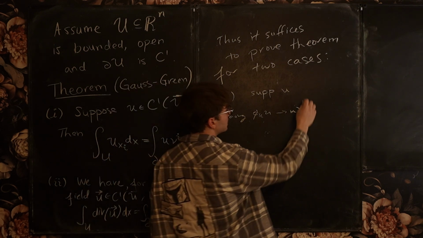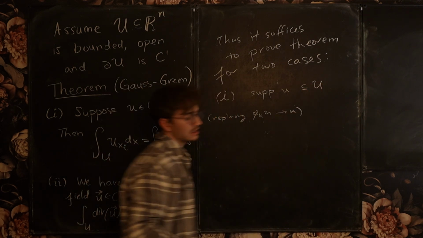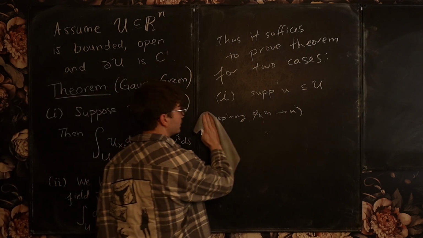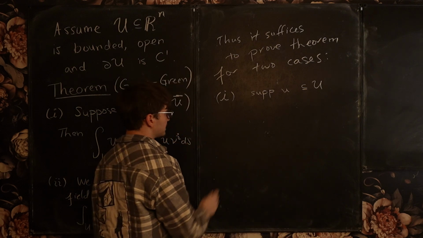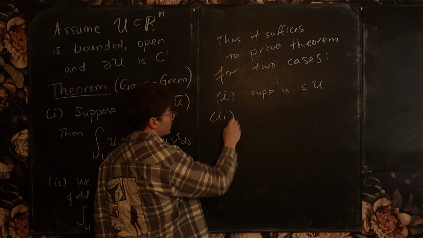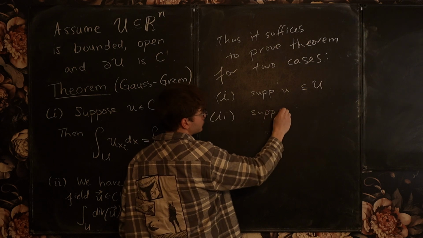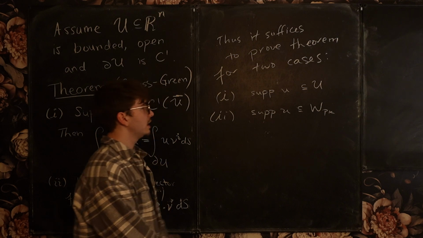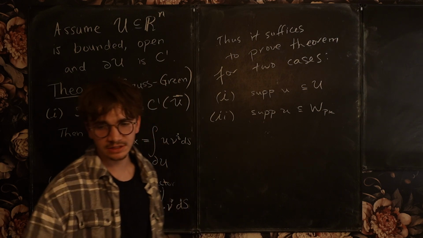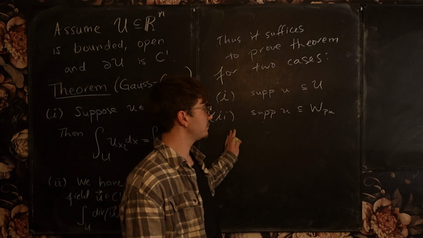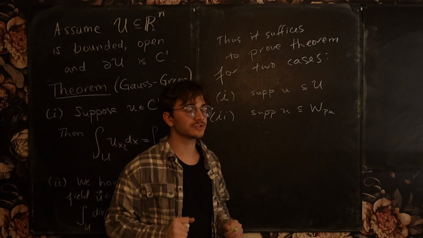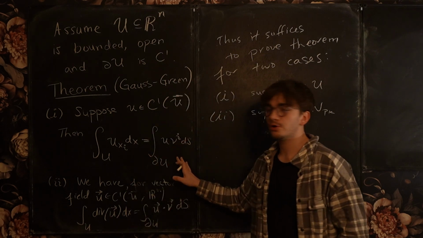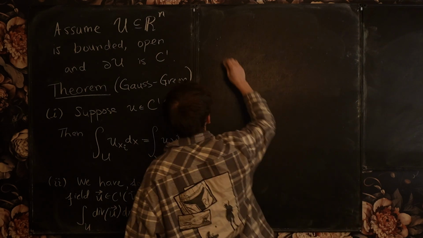So I can first assume that support of u is contained in the open set u, so it basically vanishes at the boundary. And the second is that support of u is contained in one of these W_k's, okay? If we prove the theorem for these two cases, then we can use the partition of unity to glue together our results by the previous analysis I showed on the board, and then conclude the theorem holds globally.